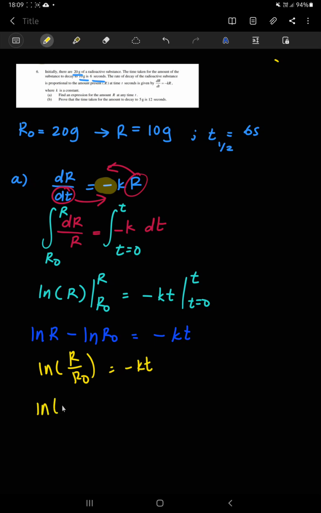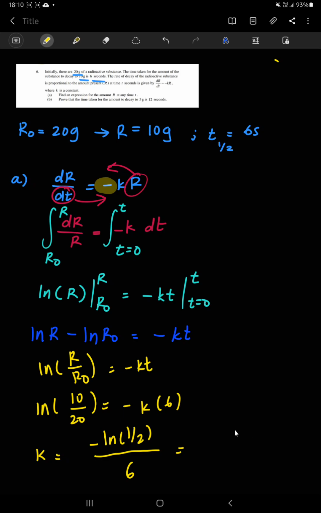Because R is 10, R0 is 20, and t is 6, we find k is negative ln half, because 10 divided by 20 is 1 half, all divided by 6. So this is basically ln 2 divided by 6. You can find the decimal equivalent value, but I will leave it like that.